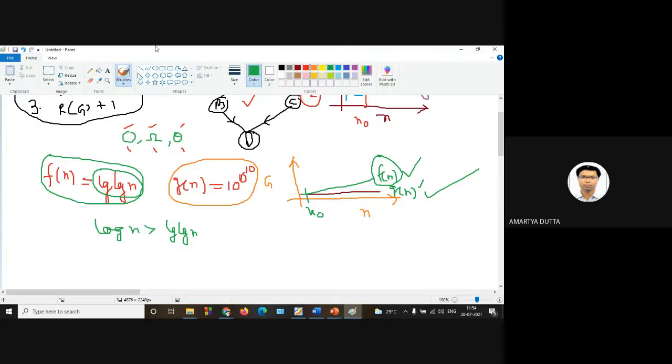So what is the base of lg? It is 2. So lg n is greater than ln n.